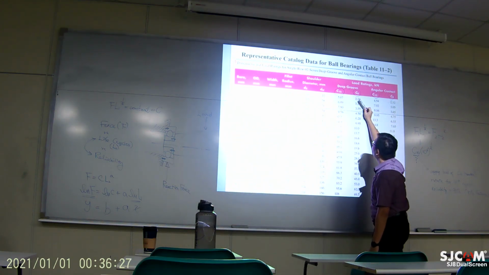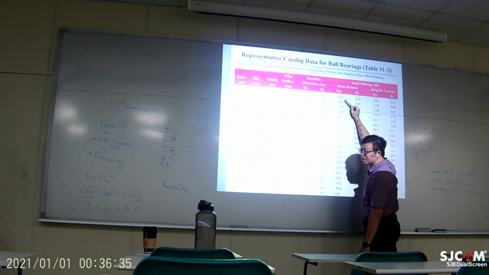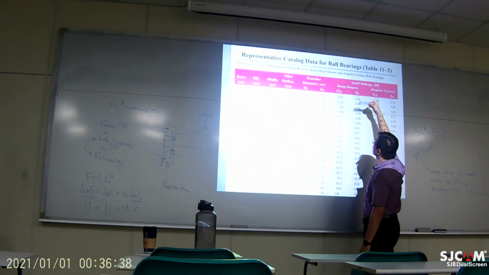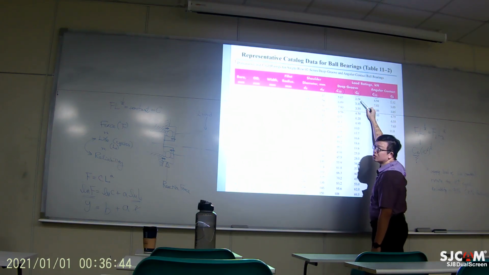If you apply 2.24 kN, or if you apply 5.07 kN, and then rotate for 10 to the power of 6 cycles, 10% fail in this case. Almost no bearing fails in the other case.